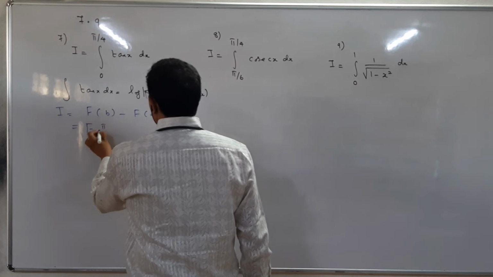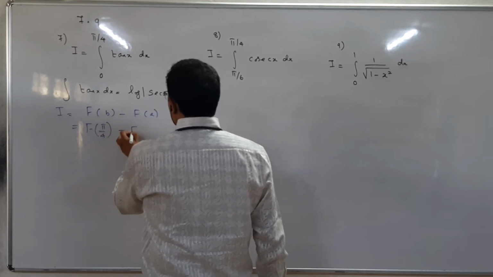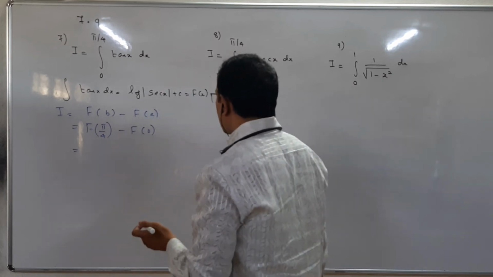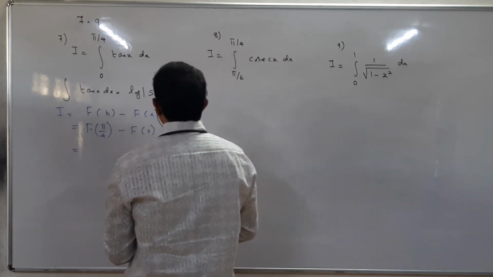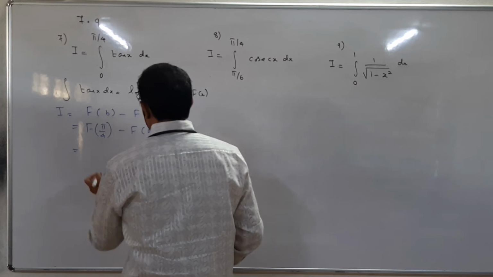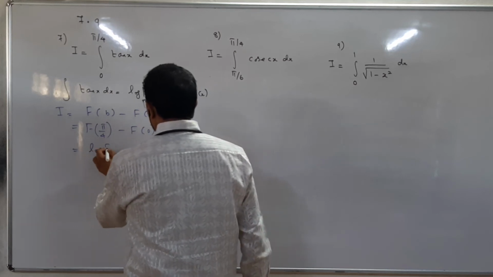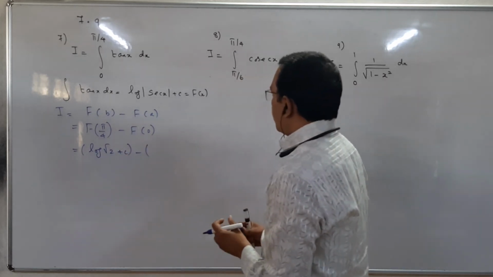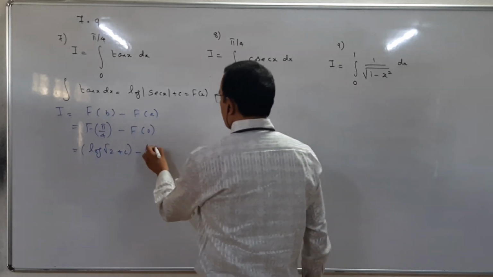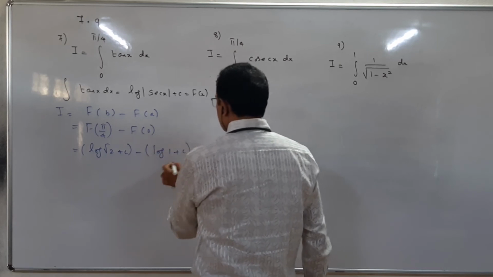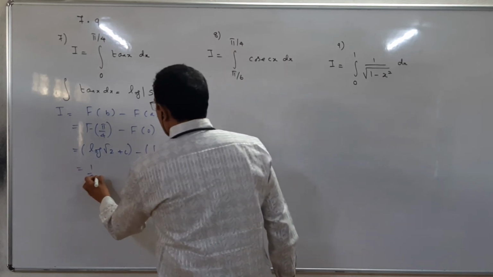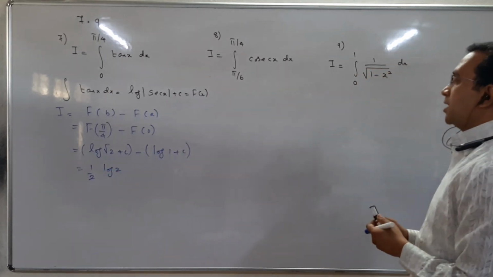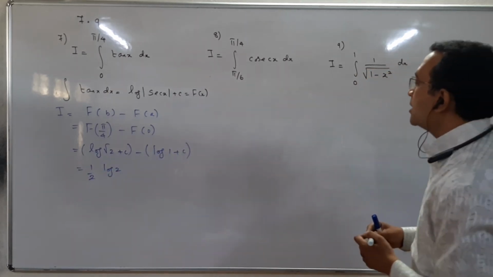So F of pi by 4 minus F of 0, log mod sec pi by 4. Now cos pi by 4 is 1 by root 2, so sec pi by 4 is root 2 plus c, minus F of 0, sec 0 is 1, so log 1 plus c, so the answer is half log 2. You are writing it as log of root 2, it is correct.